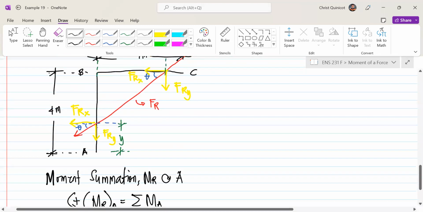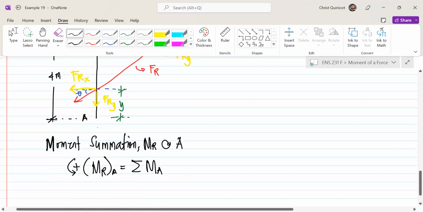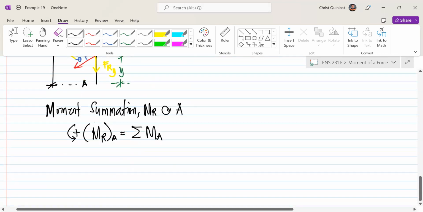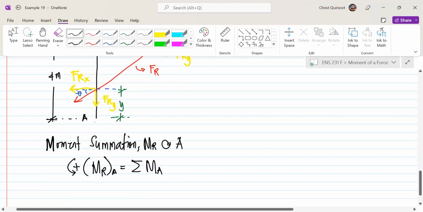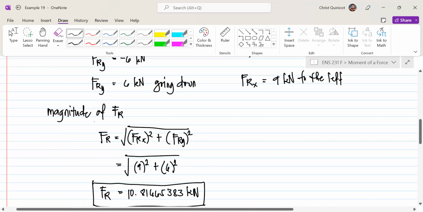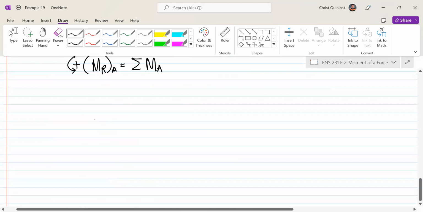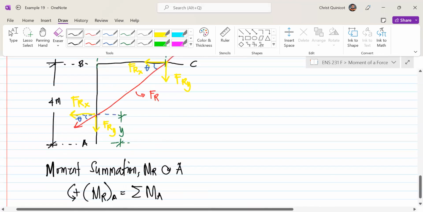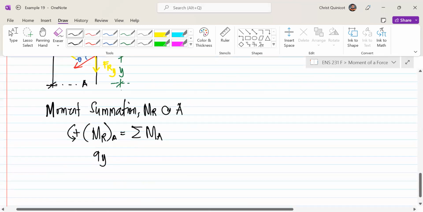Right? Now take note that our F sub Rx is counterclockwise. So we have F sub Rx times y, and our value for our F sub Rx is 9. So this is 9 times y. Of course, that doesn't mean we have no F sub Ry.